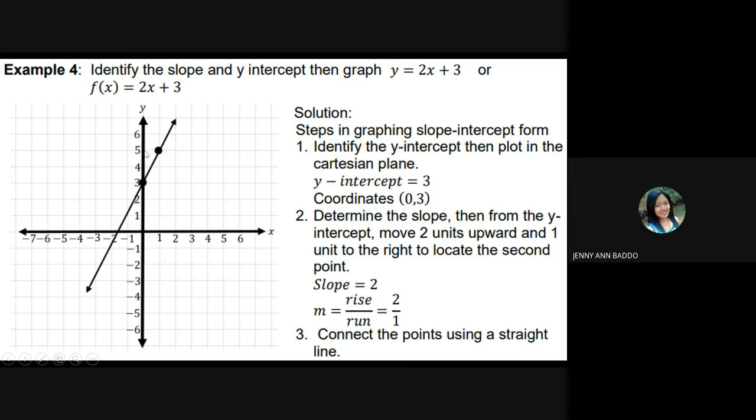The slope is positive, so we move to the right, or the graph must rise at the right of the Cartesian plane. Now, we already have here 2 points. Connecting those 2 points, we now form a line. So, this is now the graph of the line y equals 2x plus 3.